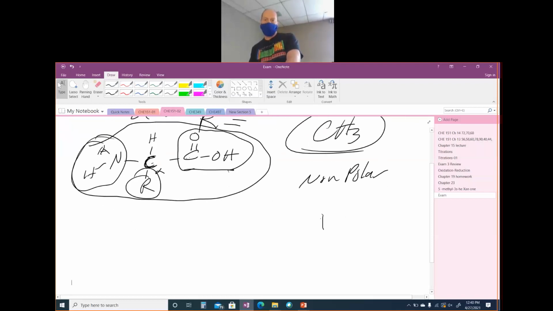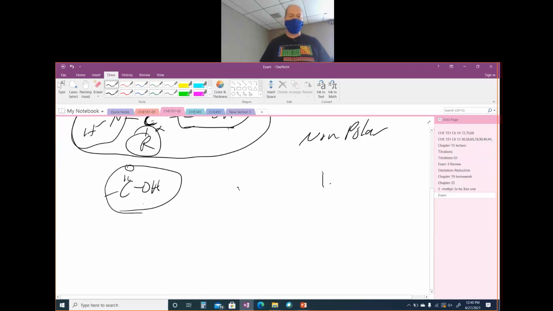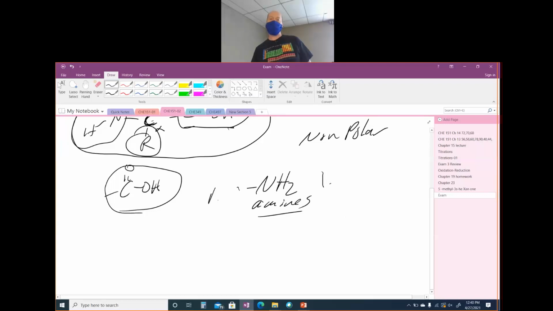You have to know if it's polar or non-polar. If your side chain has a carboxylic acid, there are two of them that have a carboxylic acid. These would be the acidic amino acids. If you have amines, NH2 groups, these are going to be your basic. So if your R contains an NH2 group, it's going to be basic.